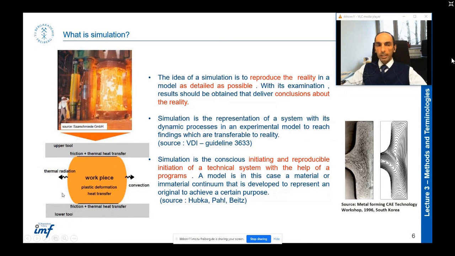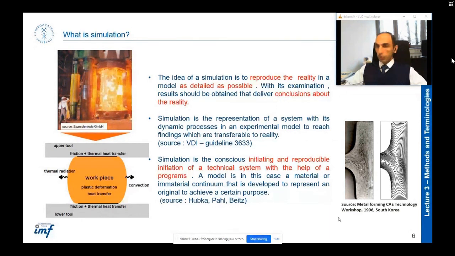So you can see that the computer should solve different types of equations, for mechanical equilibrium, for heat equilibrium, and so on, to solve the problem and give you some results. However, finite element simulation generally can give a good result if you simplify it in the right way and if you calibrate it well with the experiment. Then you can obtain good results.